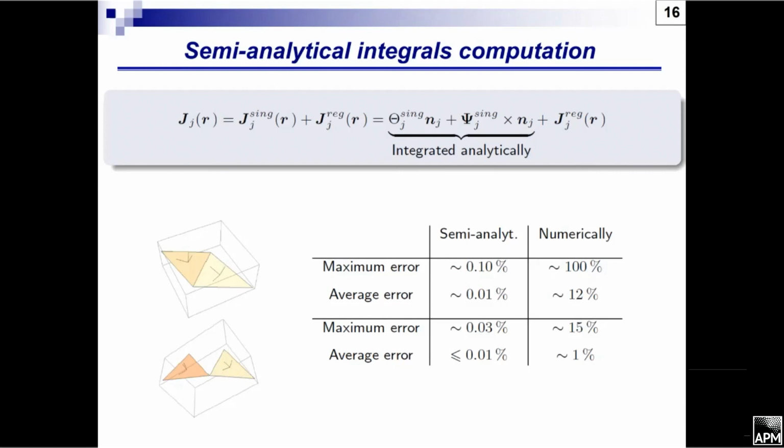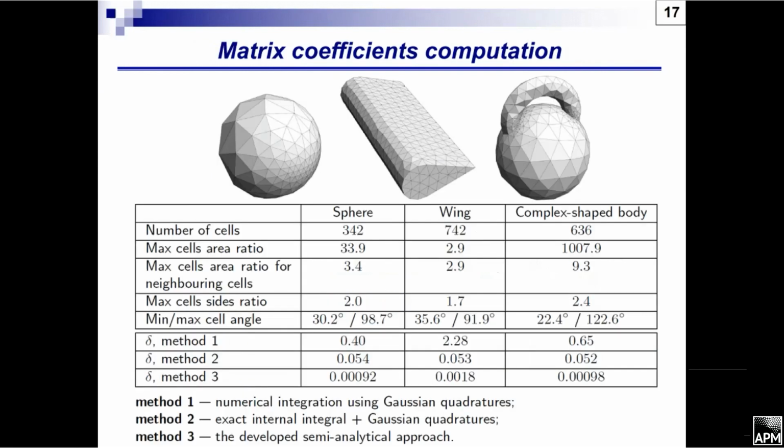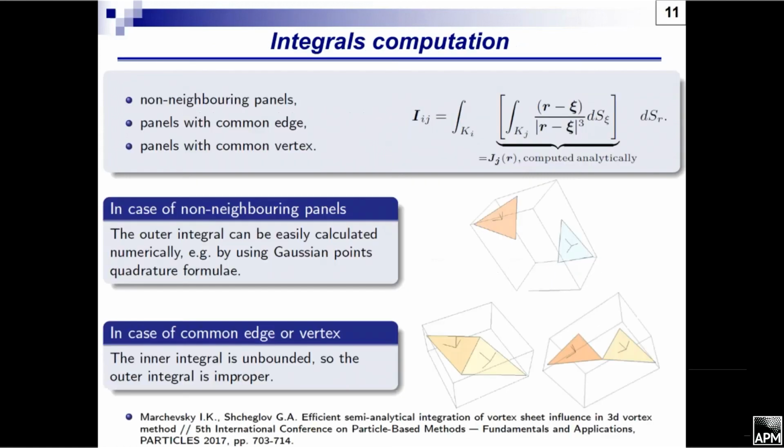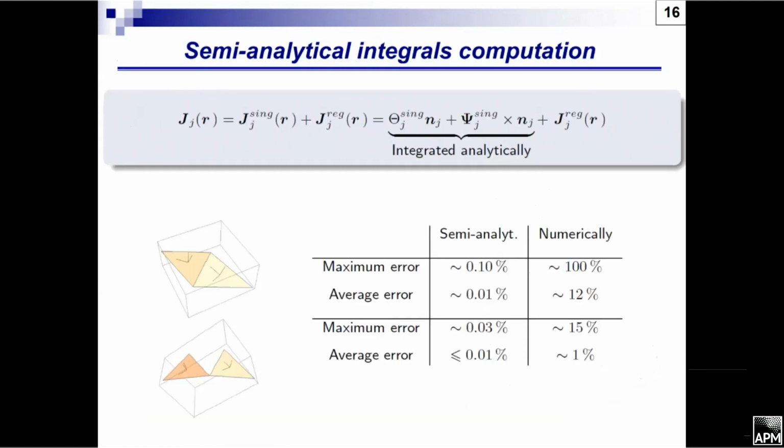The idea is to split the integrand into two parts: a singular one and a regular one. The regular part is a smooth function. It can be integrated numerically without any difficulties. And for the singular part, exact analytical expressions for all the integrals are obtained.